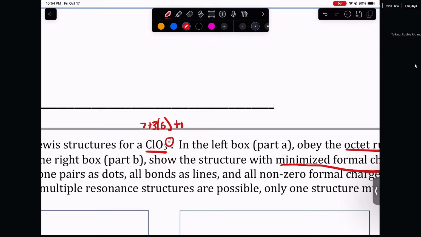On the flip side, if we have a cation, that means we have one less valence electron to work with. So in total, this comes to 7 plus 18 plus 1. We should be working with 26 electrons here.